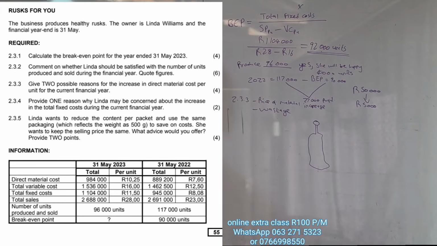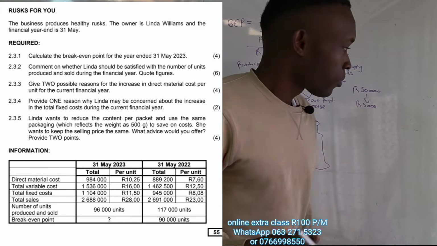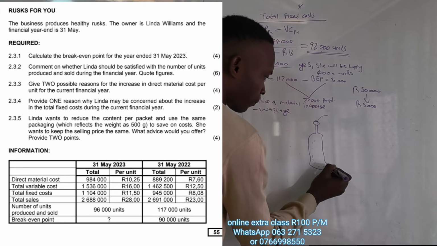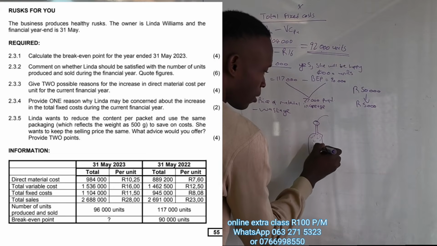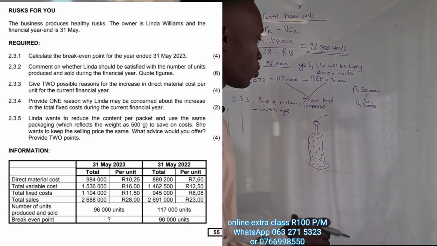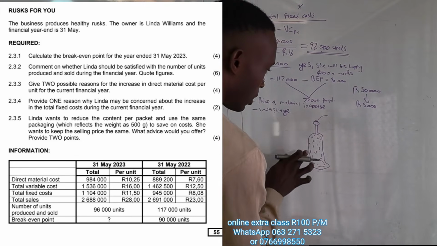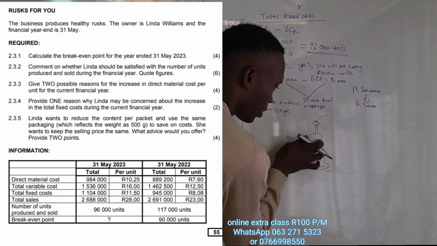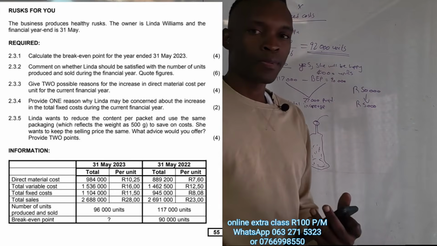Let's just say this is a 2-liter bottle of Coke. On normal days, they used to put Coke until it's full here. But now what they want to do is use the same price and just reduce what they put inside. Maybe they put it until here. That's what they say. What can you advise her?